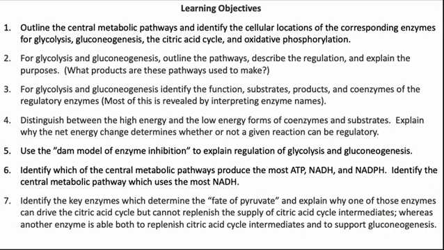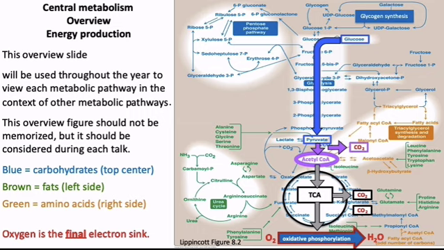Also in parallel to the glycolysis presentation, I want to frame gluconeogenesis in the context of the central metabolic pathway diagram from the textbook. At the top, I'm showing in blue glucose to pyruvate glycolysis.